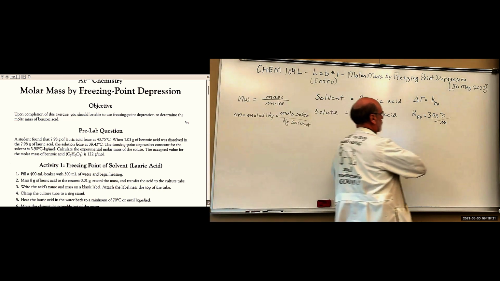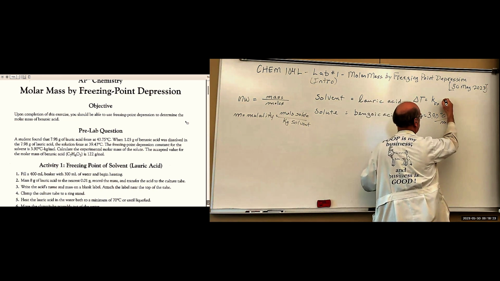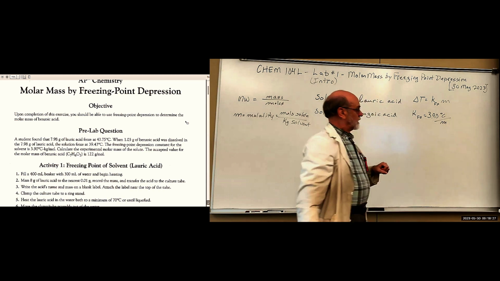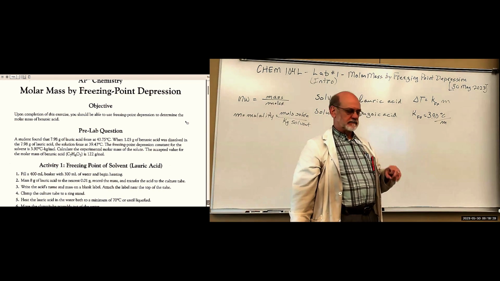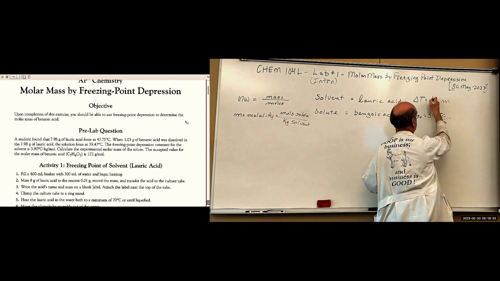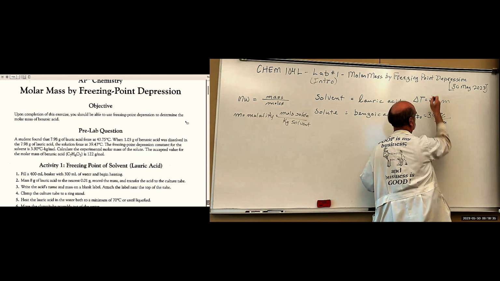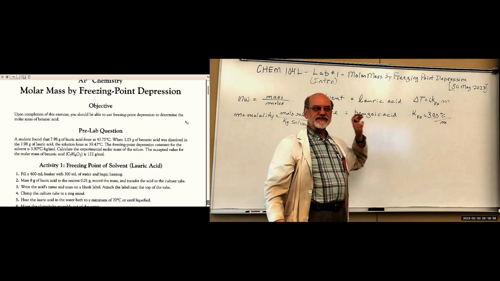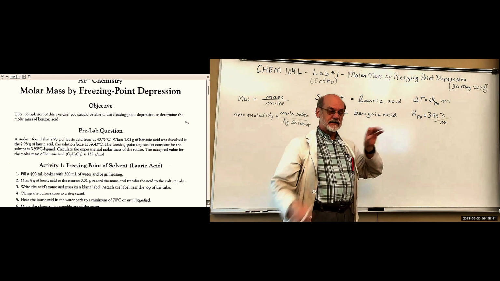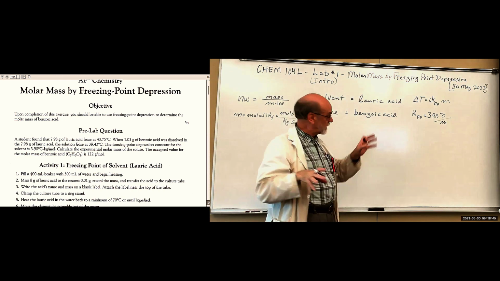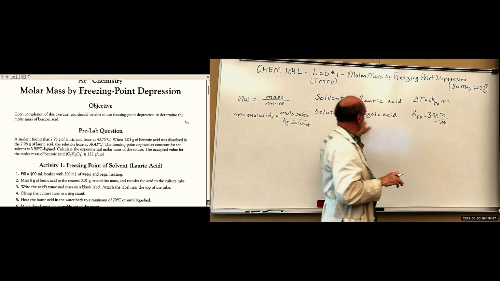Okay, there's more to this formula, right? Times molality. Now we could have a Van't Hoff correction factor in here, right? An i. If the solute would dissociate into separate particles, usually ions, in solution, then we'd need a correction factor, but this one doesn't.